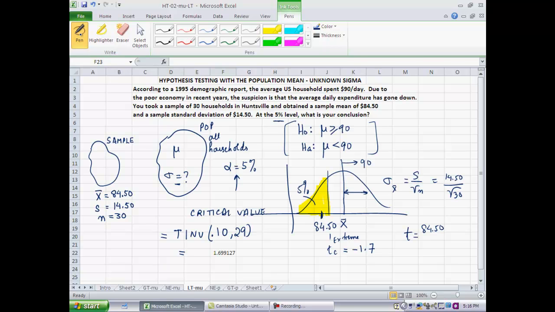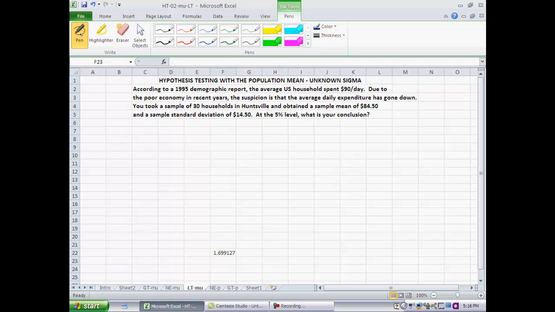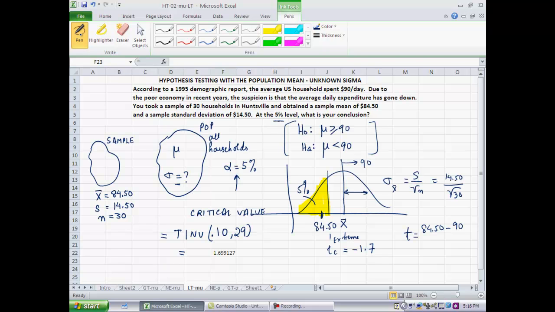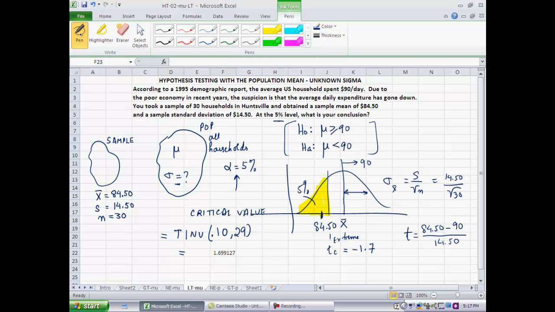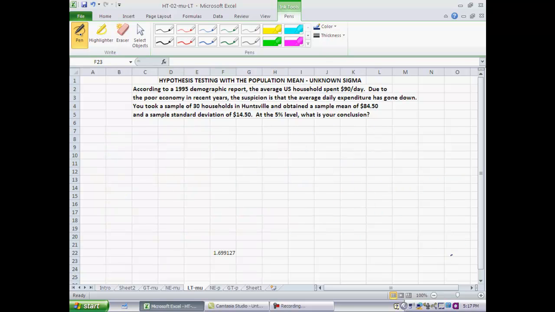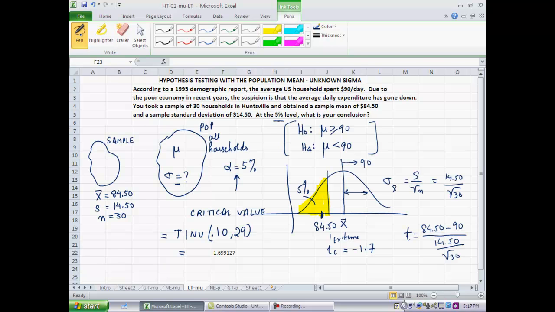So for $84.50 minus the presumed mean of $90, that's what the mean of the sampling distribution would be if the null were true as an equality, divided by the sampling distribution's standard deviation, which is $14.5 divided by square root of 30. So that's what the sample tells us.